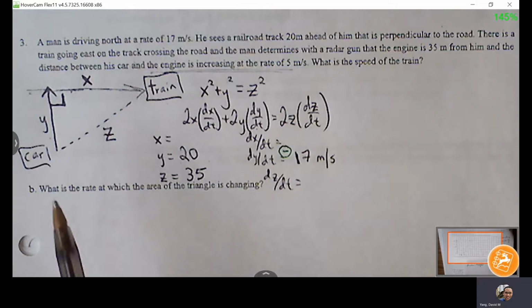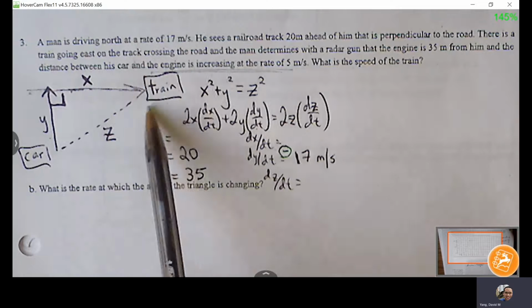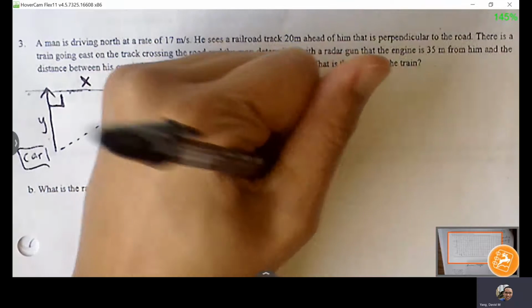What do you think? Distance between the car and the engine. Positive because they say increasing.